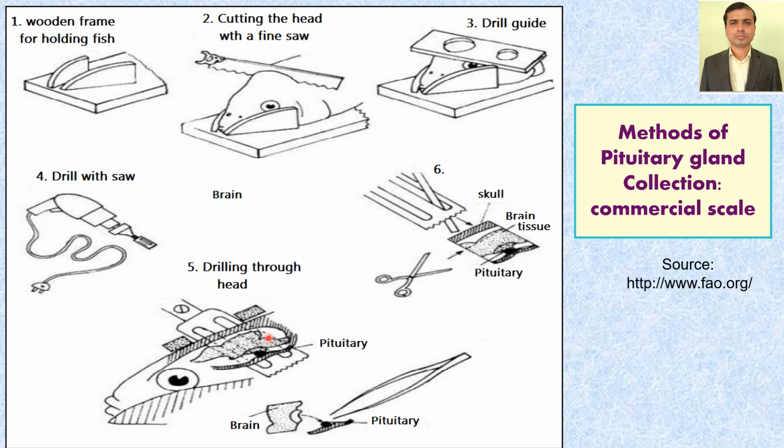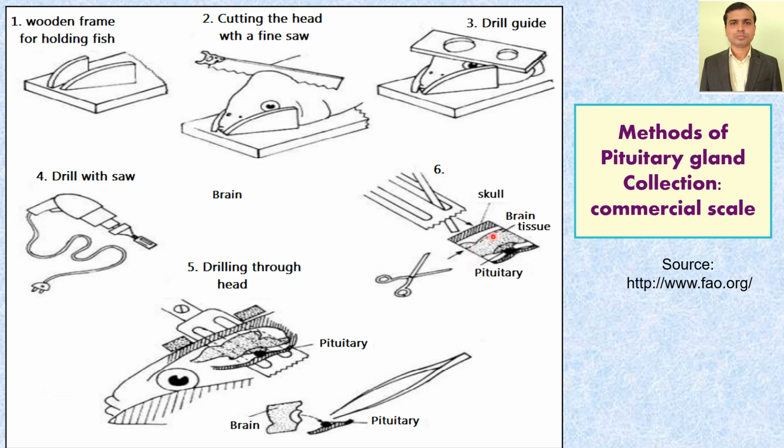The cylindrical core, which is removed from the hole saw with the help of a screwdriver, contains the skull top, the brain tissue connected to the pituitary gland, and the skull.